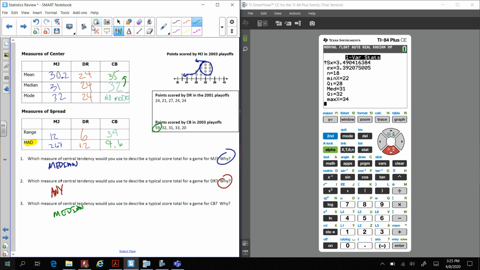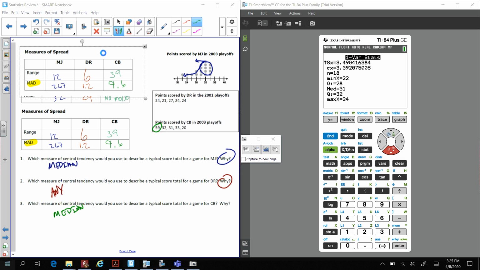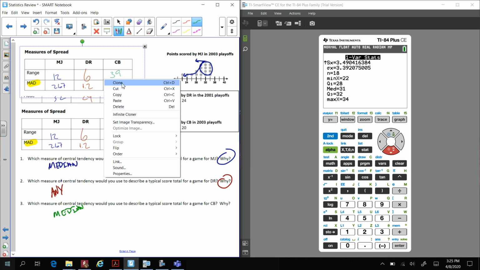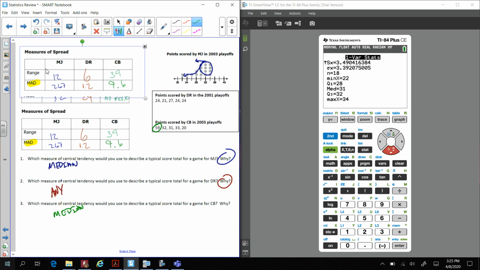Cool. All right. So I'm going to do this because we're going to need this information for the next set of questions. We're going to take a picture of our work here for the range because I have calculated the range. Let's cut that.